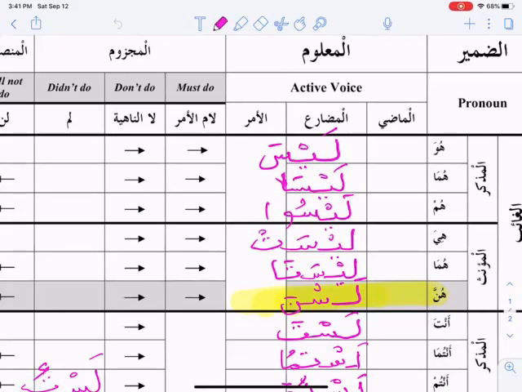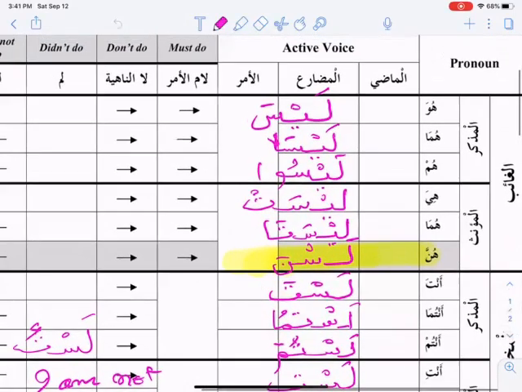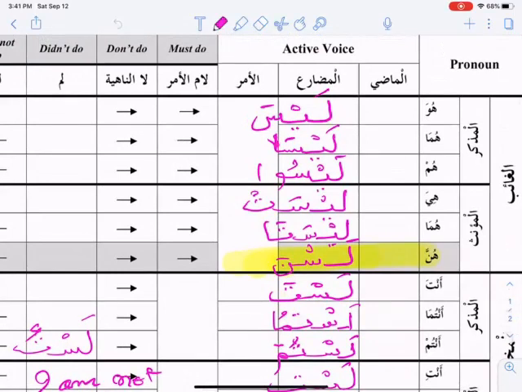So my brother and sister, here, same thing in our conjugation, huwa and here.